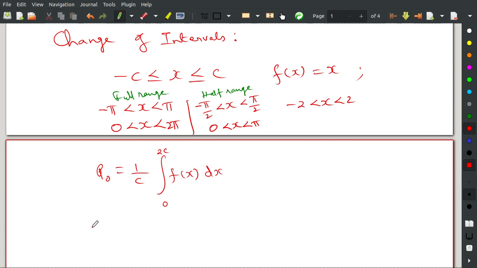And our an equals 1 by c integral 0 to 2c f of x cos n pi x divided by c dx.